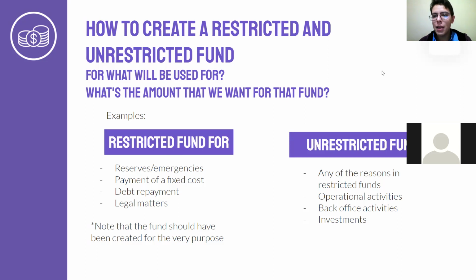And you will have the unrestricted funds. Basically, that could be for any of the reasons inside the restricted funds, but more flexible, such as operational activities, back office activities, investments. For example, you separate money for the payment of office services.